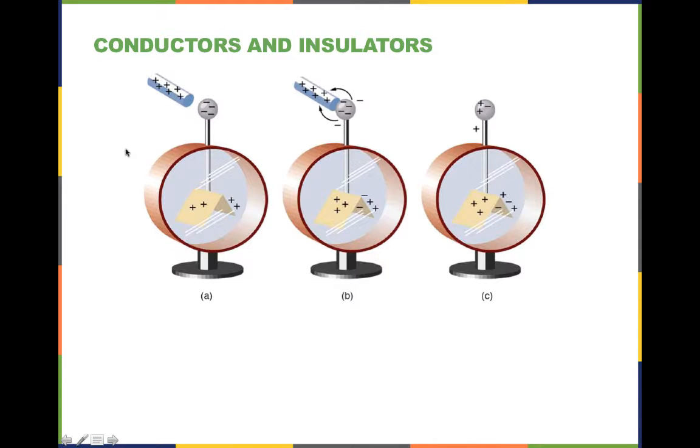This is something called a galvanometer, a device that can measure whether charge is present or not. You see that charge is present by taking advantage of the electrostatic repulsion that occurs when like charges come close to each other.